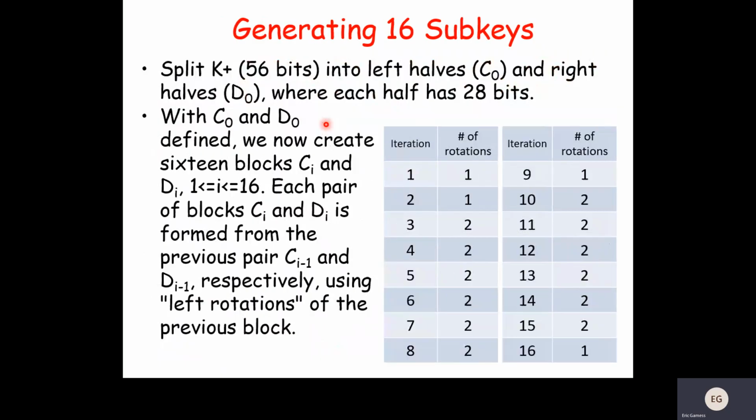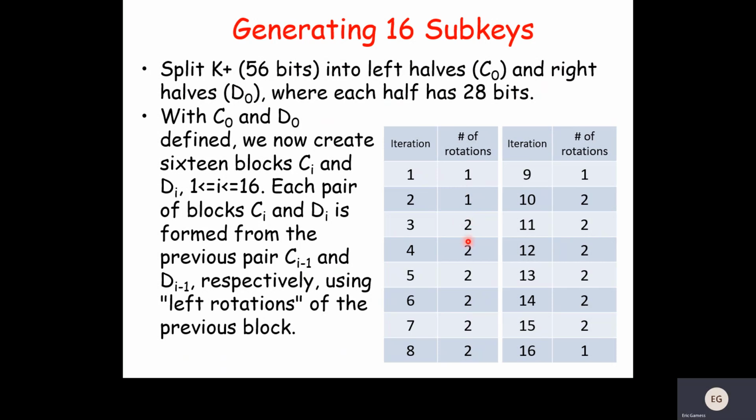So let's see. Look, here you have, for the first iteration, they say you have to apply 1 rotation. For the second iteration, which means to compute K1, the subkey K1, you need 1 rotation. To compute the key K2, you need 1 rotation.